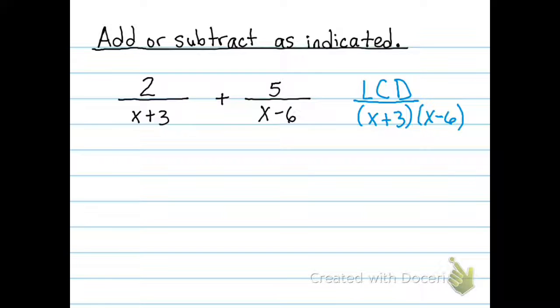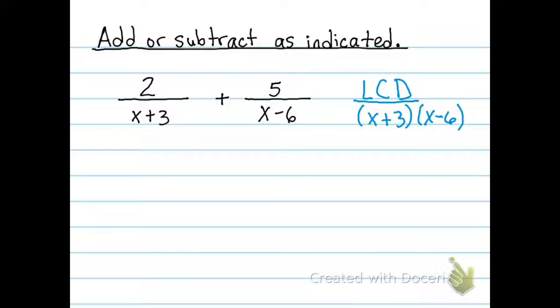It's obvious we need to multiply by x minus 6. Now, in order to not change the value of that rational expression, the only thing that we can multiply by is 1. And so since we need to multiply the denominator by x minus 6, we're going to multiply the numerator by the same exact thing.